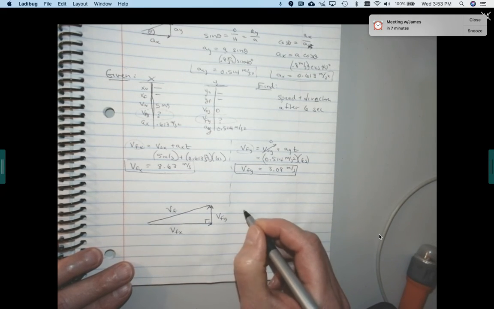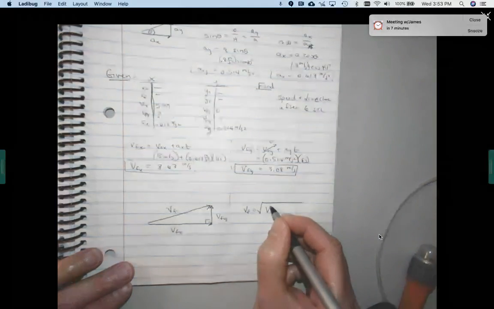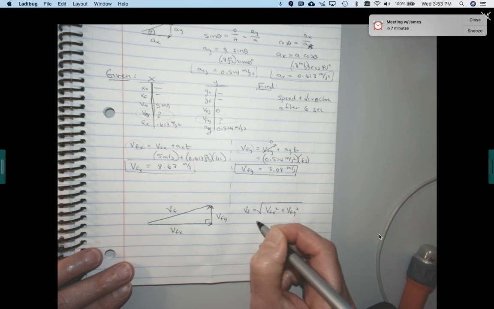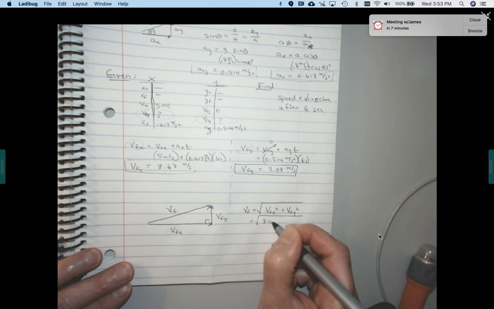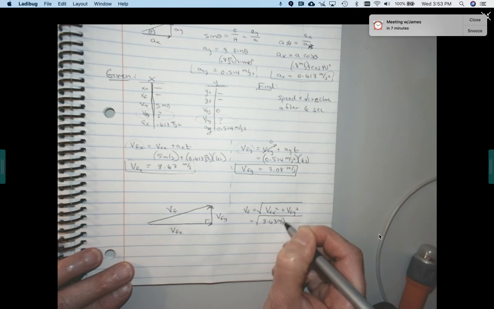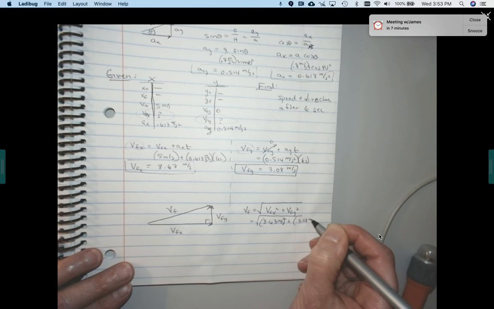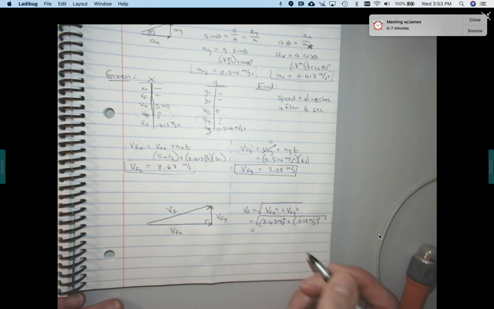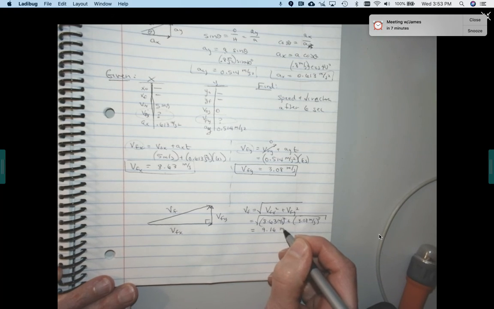So I can use the Pythagorean theorem, and I get v final is the square root of v final x squared plus v final y squared. That will be the square root of 8.63 meters per second squared plus 3.08 meters per second squared. And if I take the square root of that, I get 9.16 meters per second.